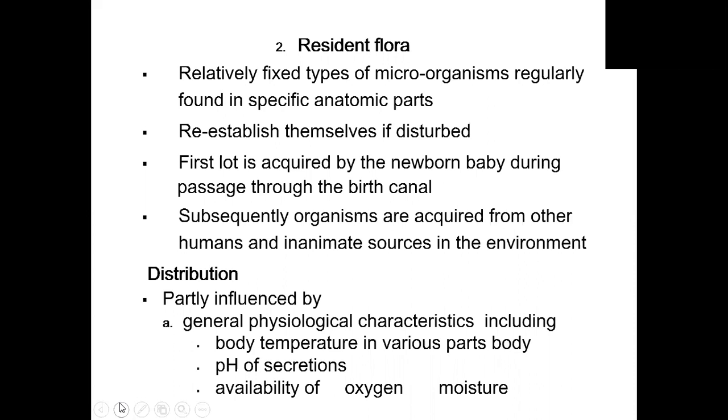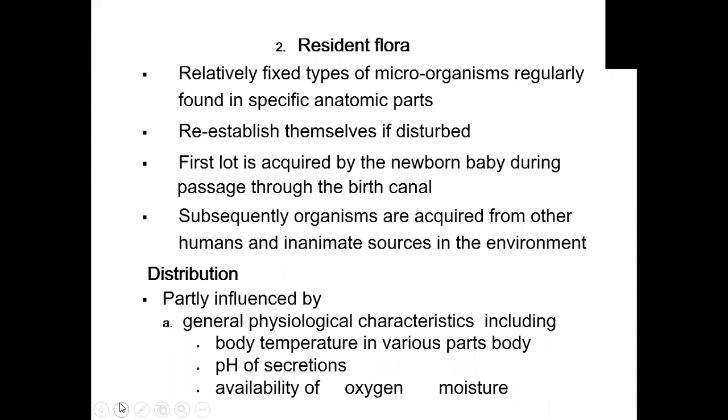So the first lot of this group is acquired by the newborn baby during passage through the birth canal. In the uterus, the baby doesn't have them. But when it comes out, it's going to pass. The ones that are born vaginally are going to pass through the birth canal of a mother that already has some, so it acquires some.